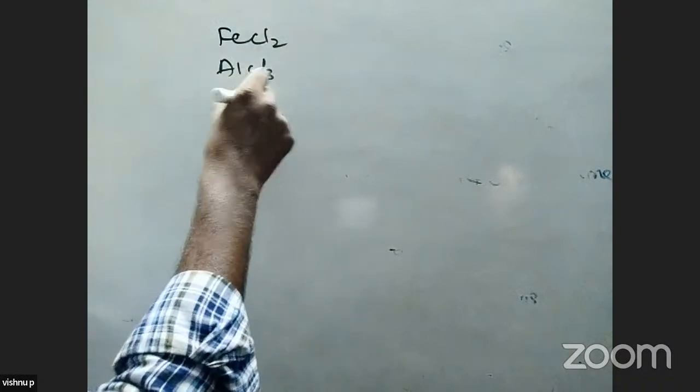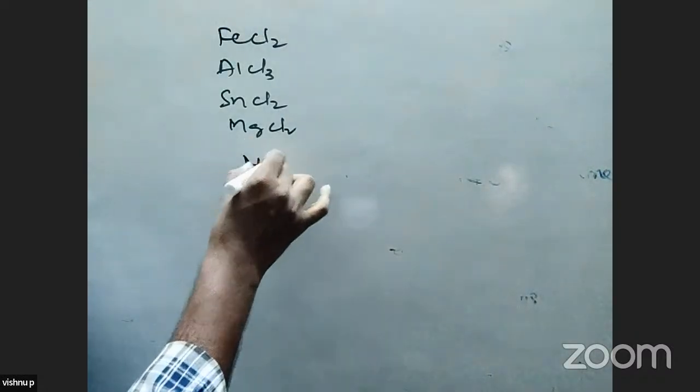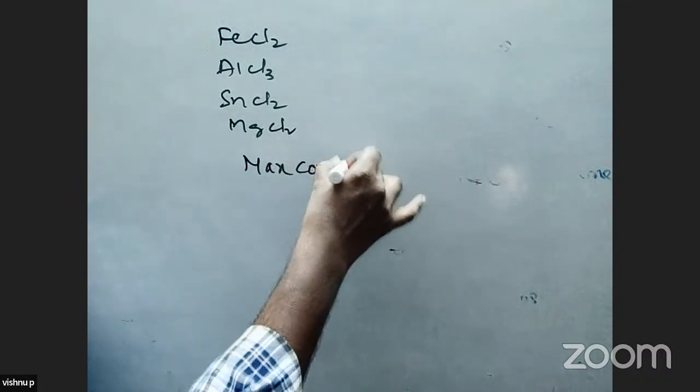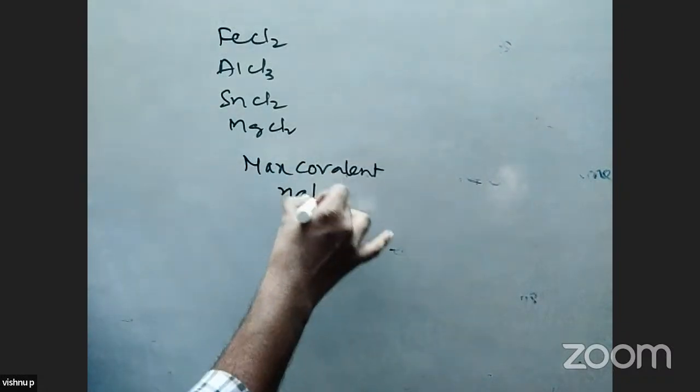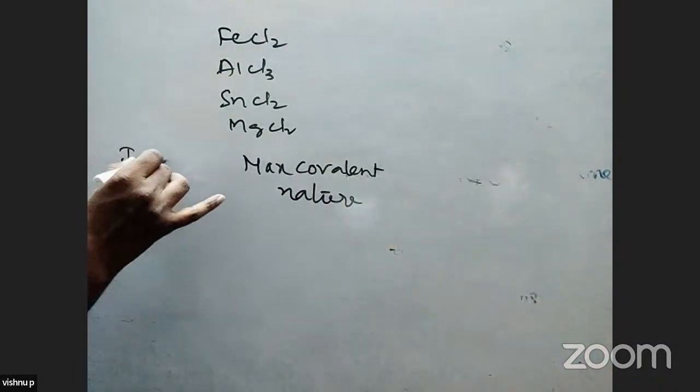Next question. FeCl2, AlCl3, SnCl2, MgCl2. The question is, which of the following molecules shows maximum covalent character? Here a few conditions are there. For maximum covalent nature, we follow Fajans' rule.